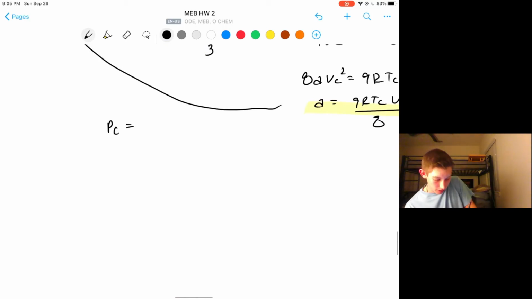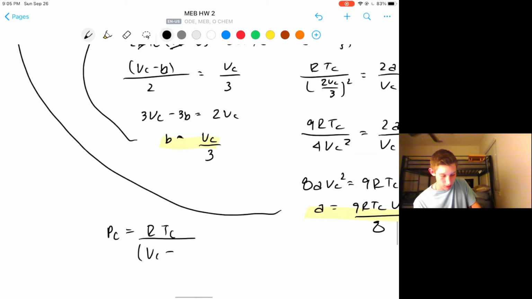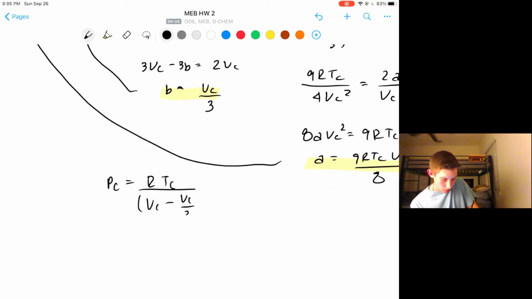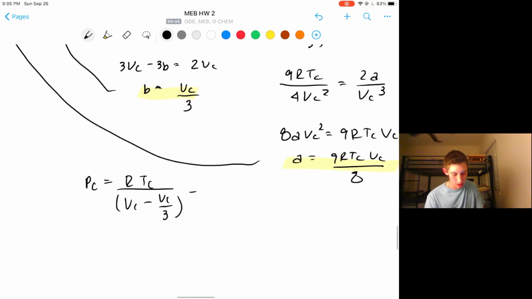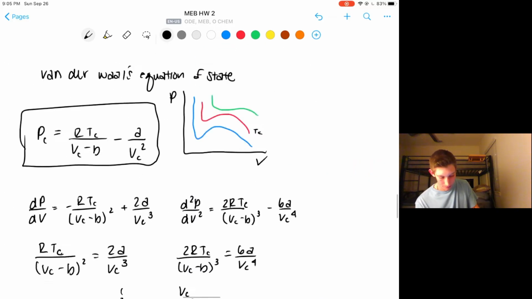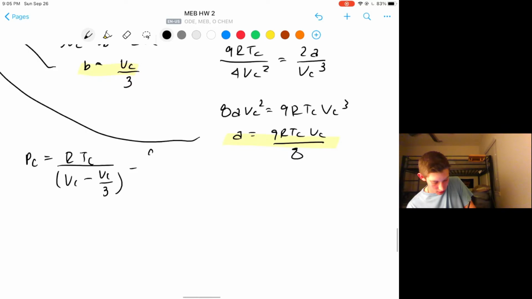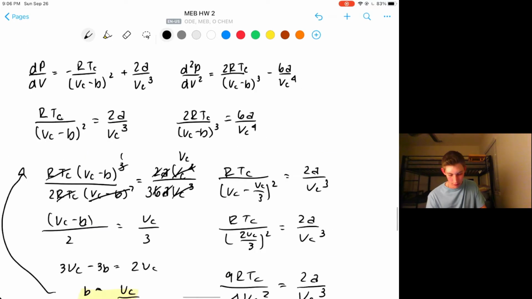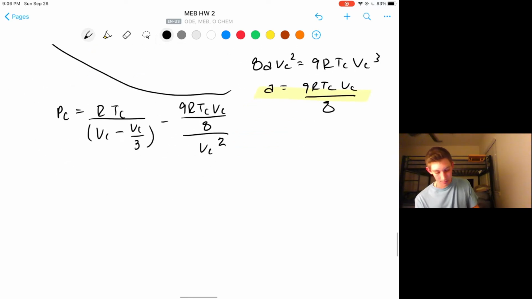We have the gas constant times the critical temperature over the critical volume minus B, which is critical volume over 3. This is subtracted by A, which is 9R times critical temperature times critical volume over 8, all over critical volume squared.